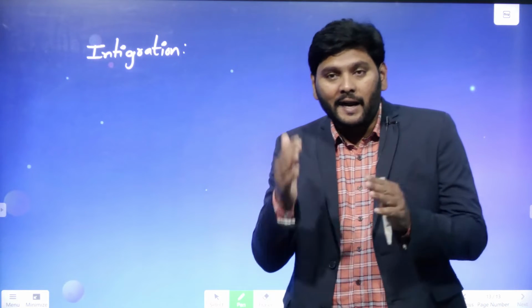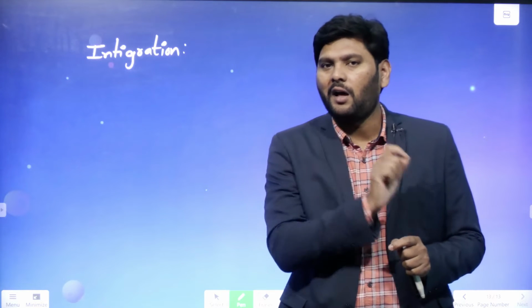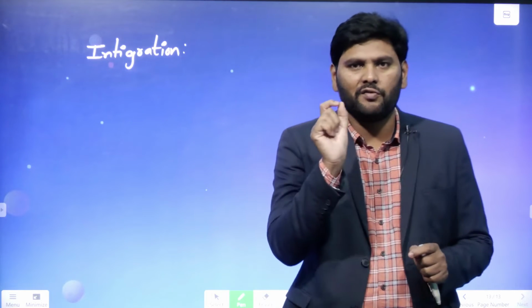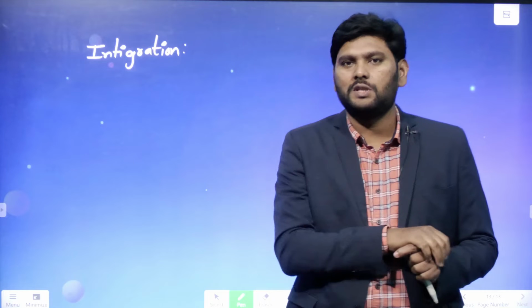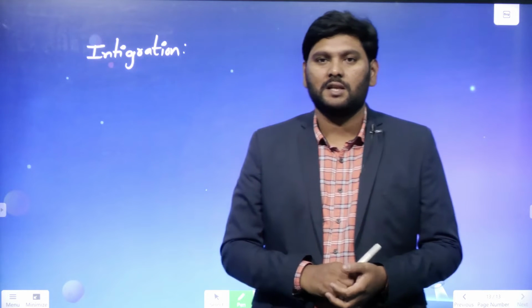Differentiation is finding the very small value, but integration is adding all the small values. If you add all the infinitesimally small values, what will you get? You will get a big value. That is the meaning of the integration process. Got my point?